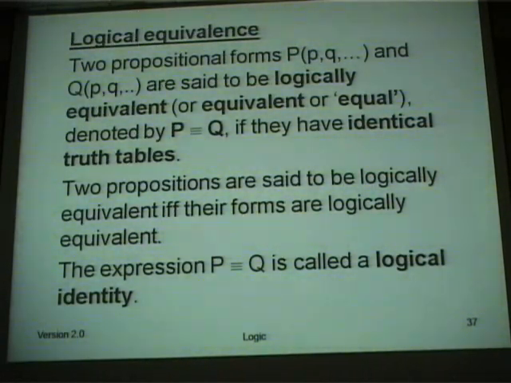Now, can you remember that I said if I ask you to create a compound proposition using three propositional variables p, q, r, you might create 250 different compound propositions. Out of that, some of the compound propositions that you created look different, but actually represent the same thing.